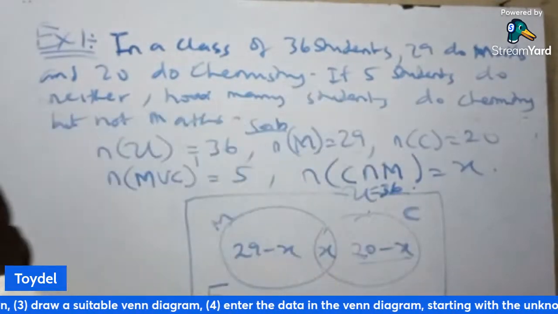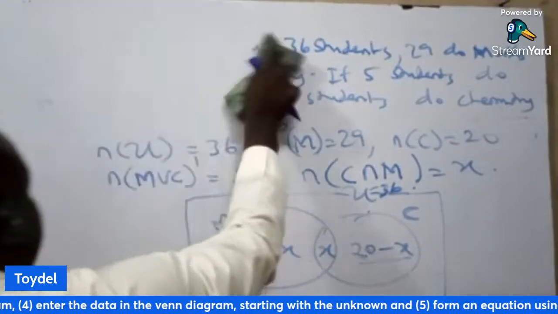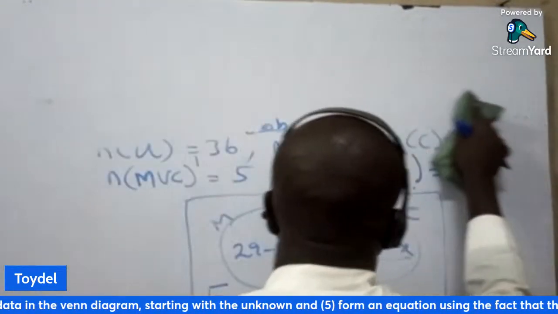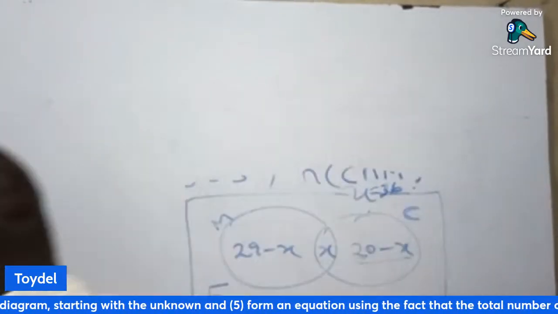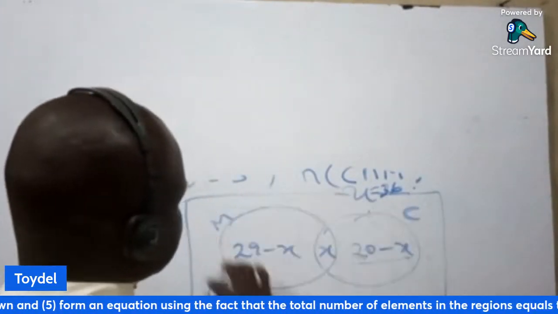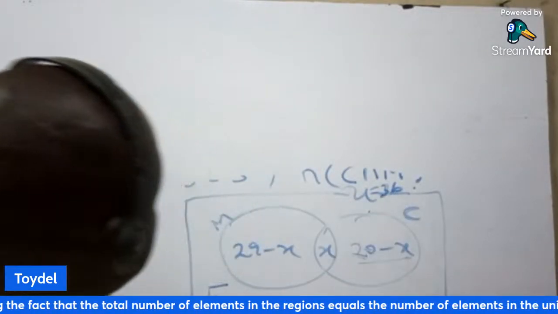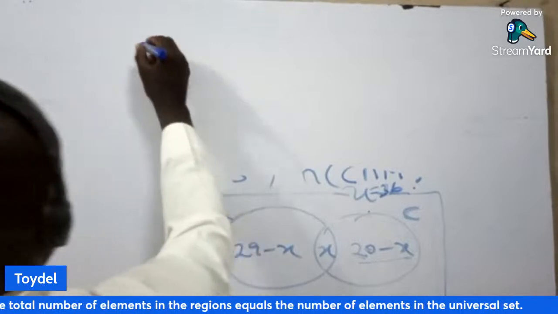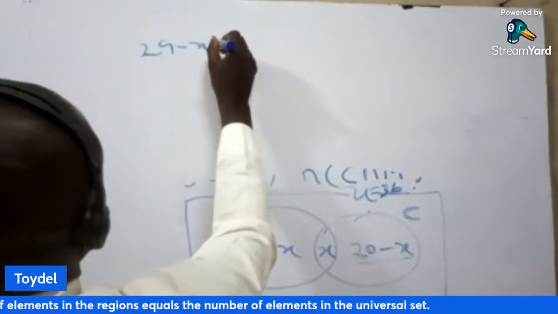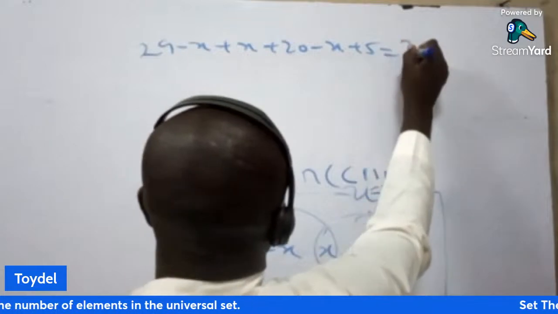So how do we now solve this problem? This is what we are going to do. We are going to add everything that we have inside this rectangle together and equate it to 36. That's how to go about it. So here we have 29 minus X plus 20 minus X plus 5 is equal to 36.